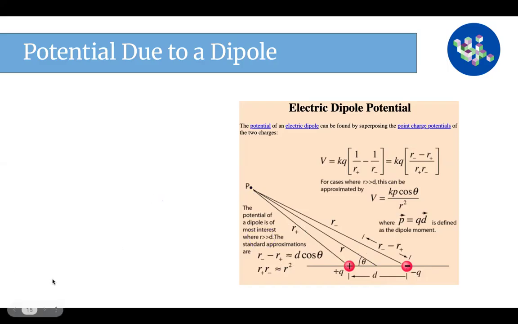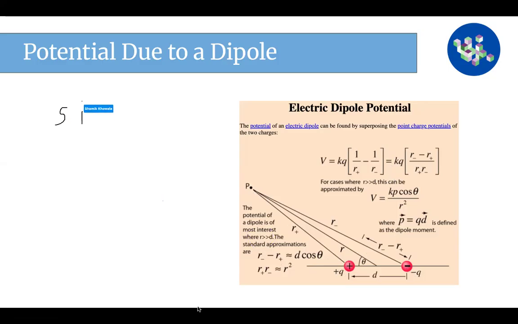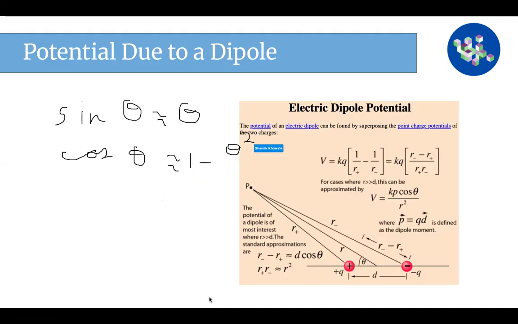A note about approximations: if you don't know a lot of approximations, you should search them up. For trigonometry, sine theta is around theta, and cosine theta is approximately 1 minus theta squared over 2. But generally, when approximating, we will ignore second order terms.